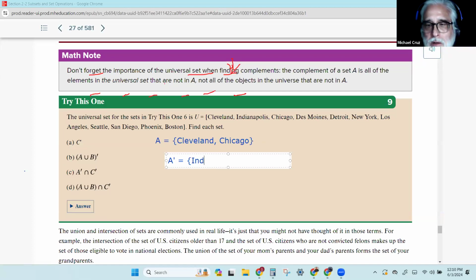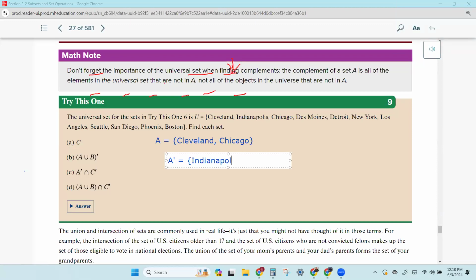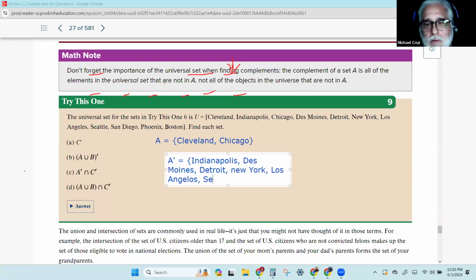So it's just everything that's not in A. So it takes the U and just takes everything out that's in A, which is Cleveland and Chicago, and everything else is the complement.